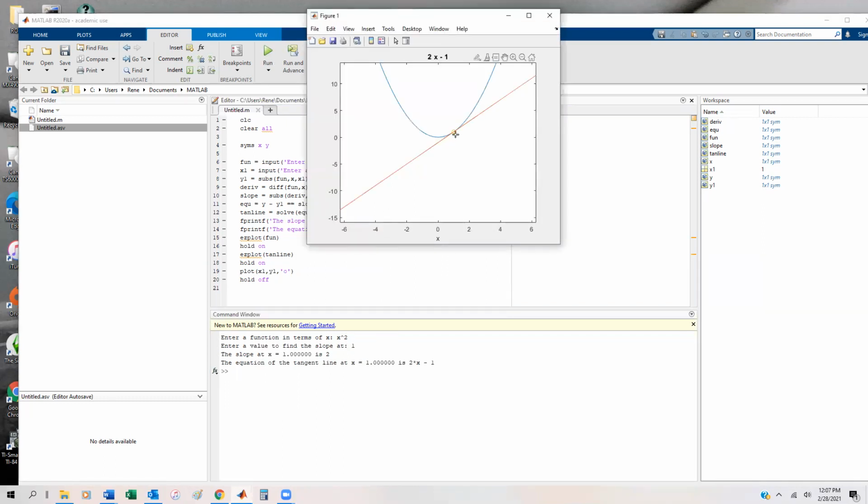And right here, it'll actually put a point on the graph for where the tangent line occurs. And of course, you could do more than one point if you chose to.